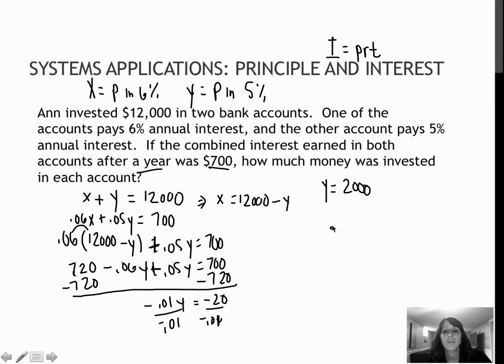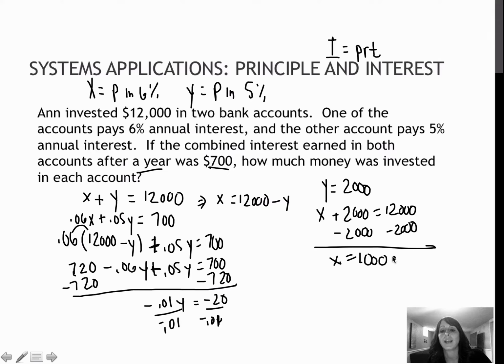So again, I can plug in the 2,000 for y and find that the amount in the other account is $10,000. And again, I would write a sentence that says Anne invested $10,000 in the 6% account and $2,000 in the 5% account to earn $700 interest.